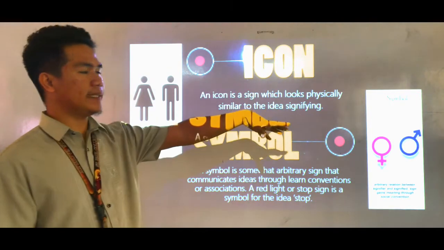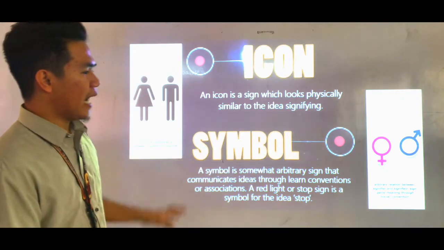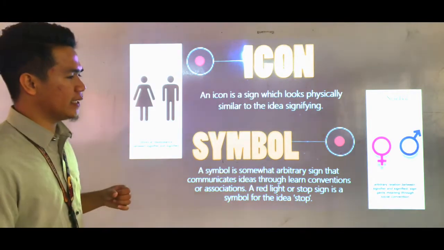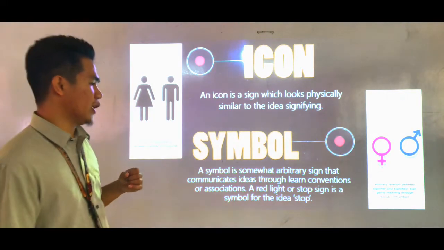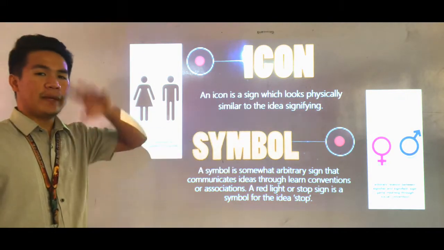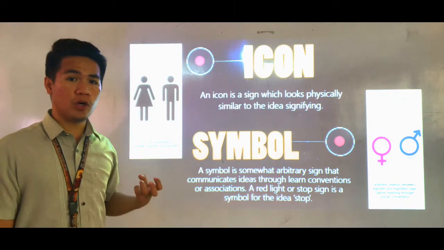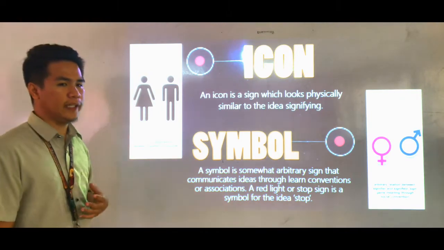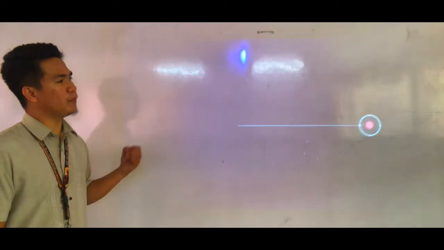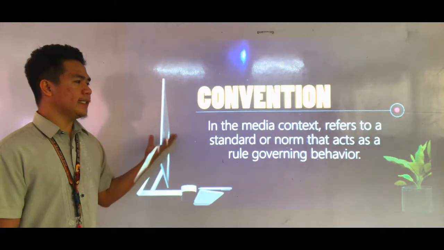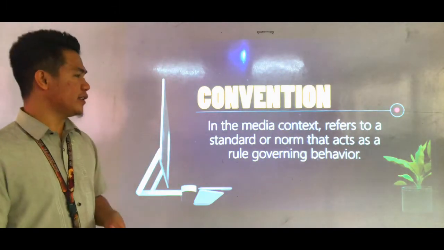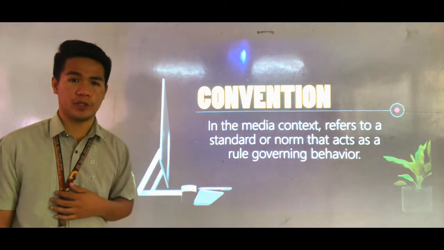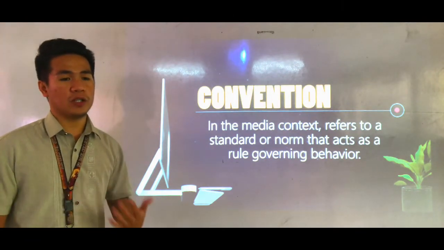And then when we say symbol, there is an arbitrary relation between signifier and signified. The sign gains meaning through social convention. So, doon naman sa symbol, meron lang tayong ginamit, symbol for men and women, or boy and girl. And then when we say convention, in the media context, it refers to a standard or norm that acts as a rule governing behavior. That is what we call convention.